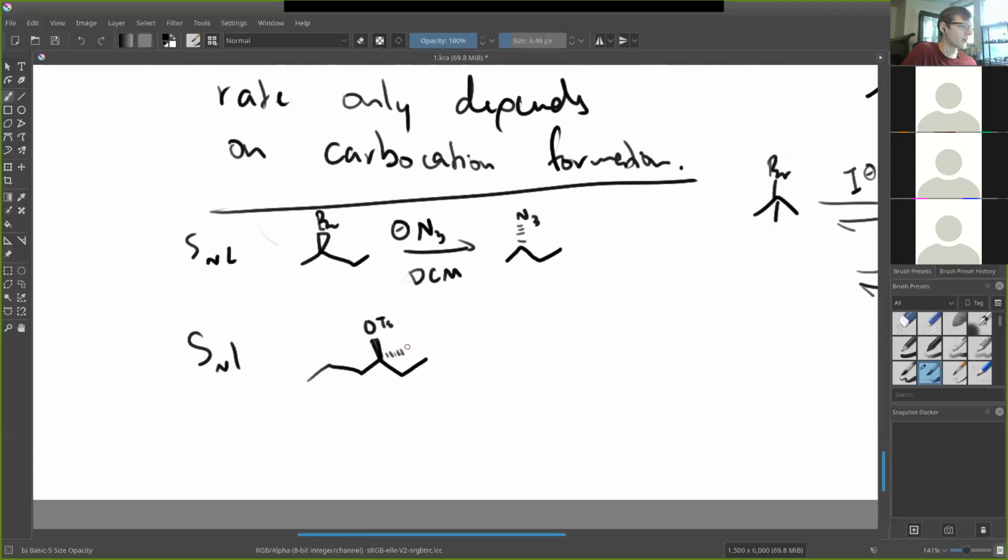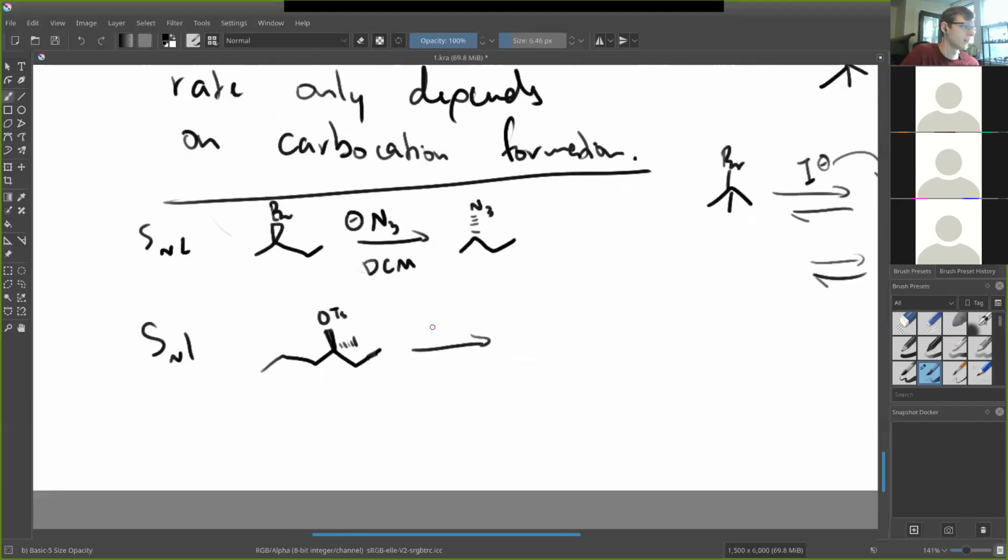Okay, that could be a hydrogen, that's fine. And then we put it in, oh wait, no, we want it to be a tertiary carbon, don't we? Yeah, okay, so we're going to give it a methyl instead. Just leave it as is. All right, and we're going to put it in with, I don't know, a nice nucleophile, so we can put it in with H2S.